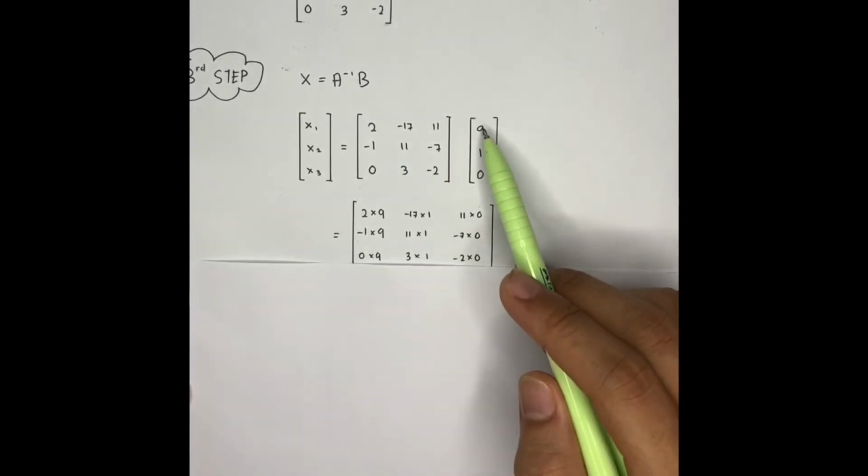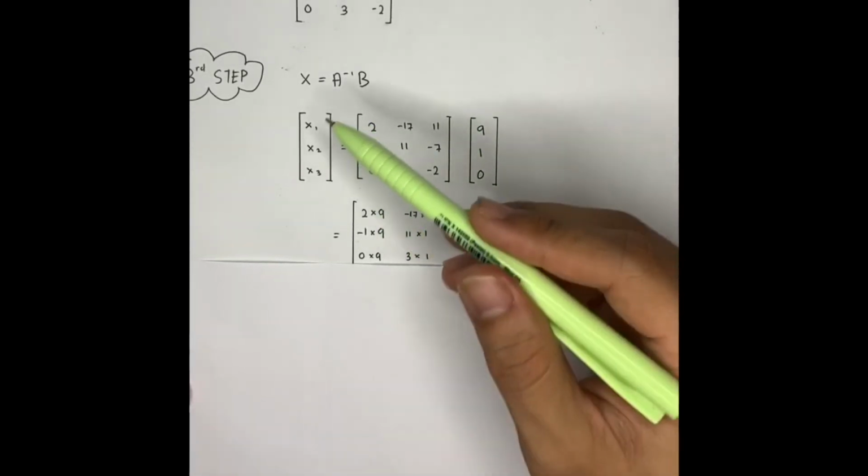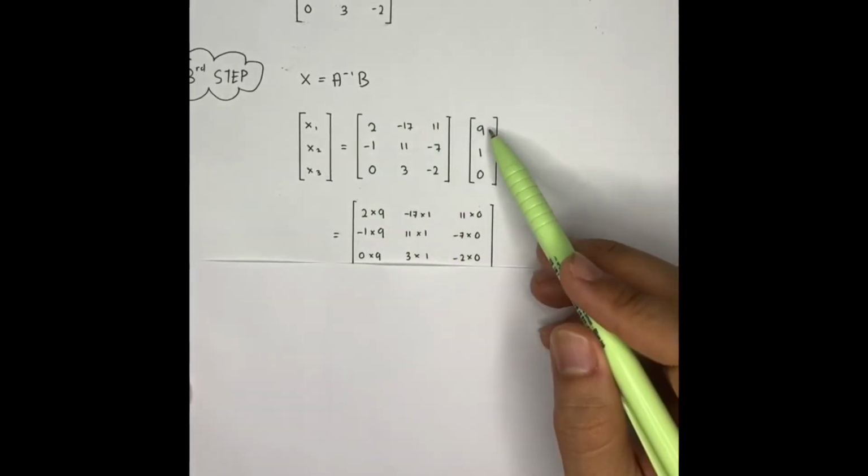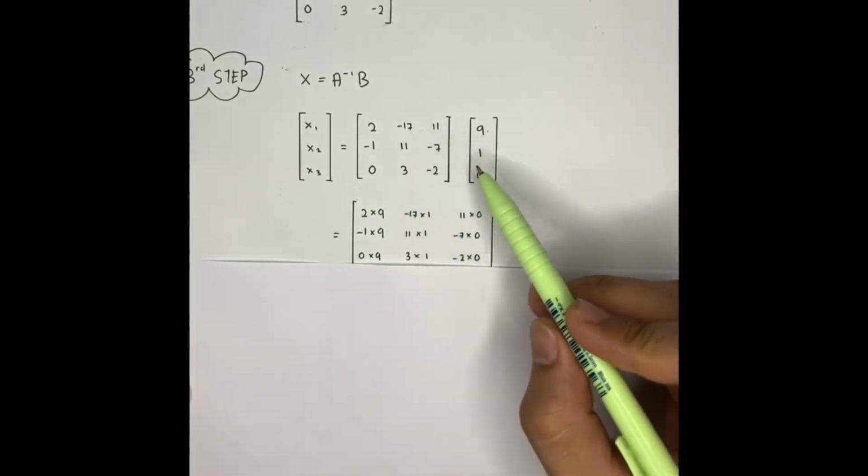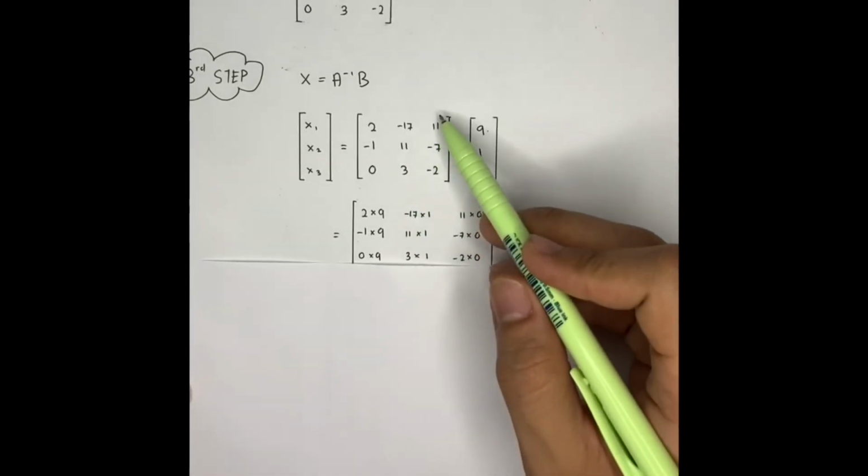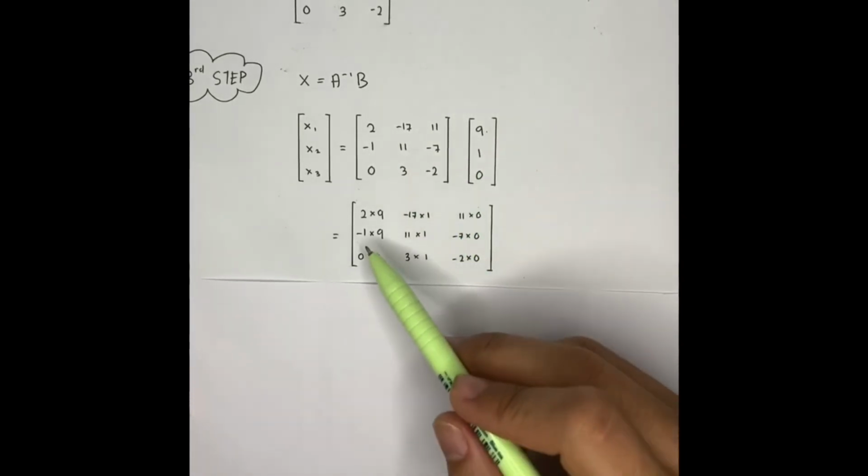Firstly, you will multiply the first column with the first row, second column with the second row, third column with the third row, like this one.